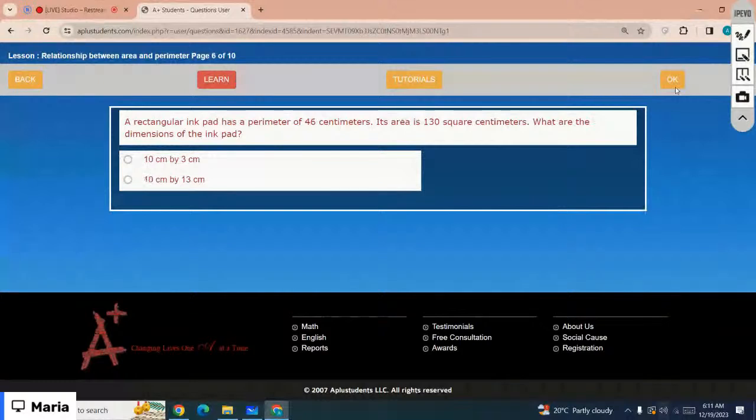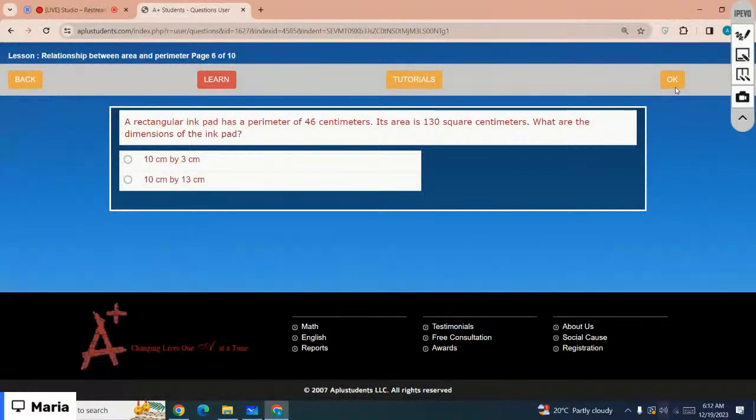So, which is the correct option? Which two numbers have the product 130?